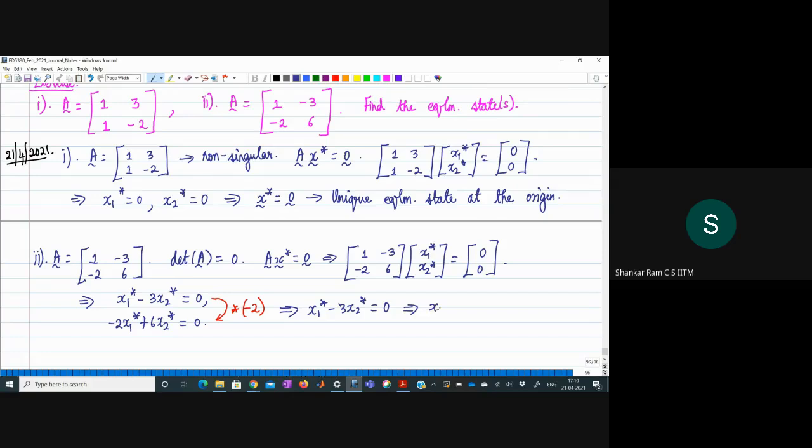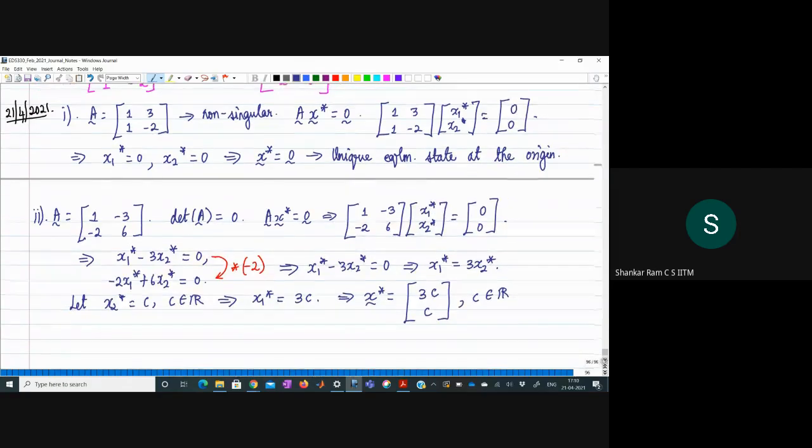So this is where things get interesting. Essentially, we can interpret that x1 star is going to be equal to 3x2 star, right? So consequently, let x2 star be some c, where c is some real number. This implies that x1 star will become equal to 3 times c. So consequently, the equilibrium state, x1 star, x2 star, can be written as 3c, c, where c is some real number.